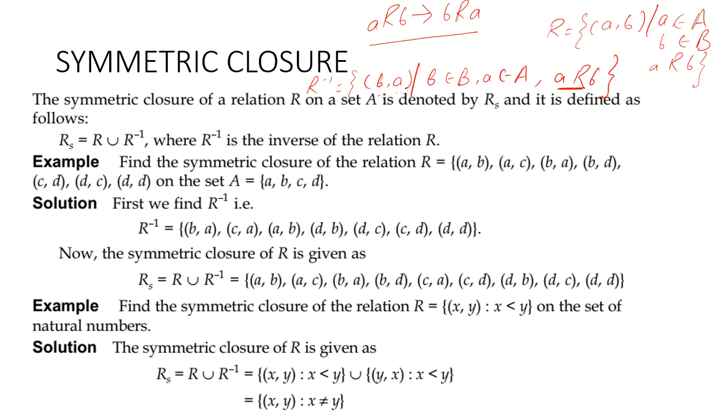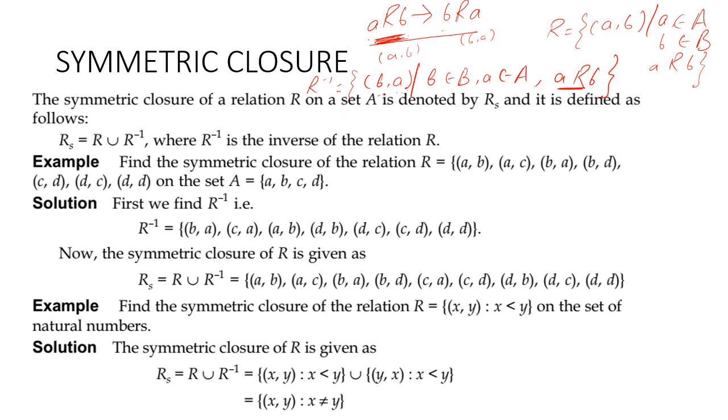Now can you see what we are going to do? In case of the original relation, we have the A related to B. For symmetricity, we also need the B related to A pairs. So for every A comma B pair, a B comma A pair must be there. So how do we find the symmetric closure? Once again, what is a symmetric closure?